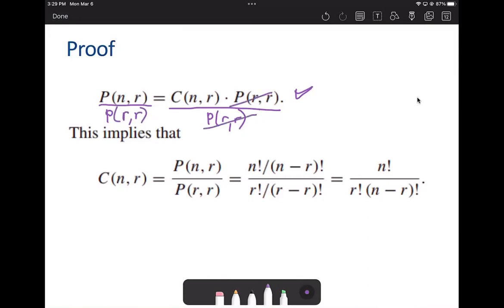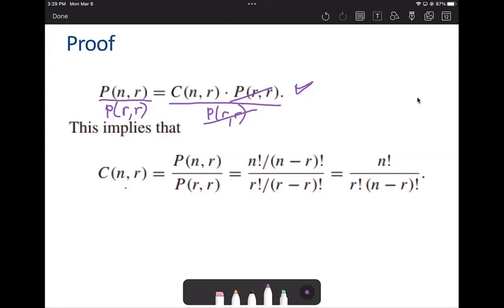So this will be cancelled out. So we have the combination of n taken r equals this result. And we can derive the final na formula of this based on the formula of the permutation of n taken r and the formula of permutation of r taken r.